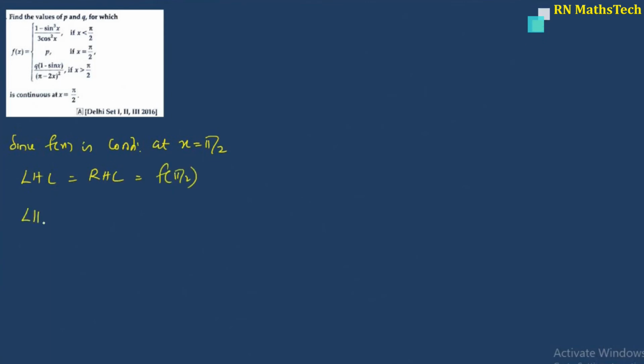Now the left hand limit equals limit x tends to pi by 2 minus, where the function value is 1 minus sine cube x by 3 cos square x.